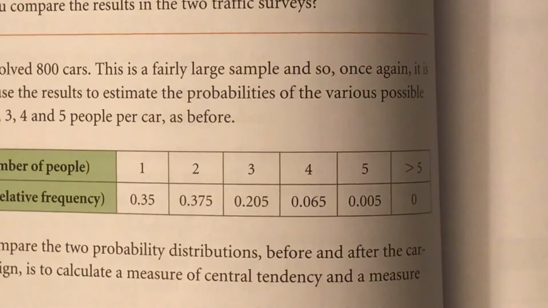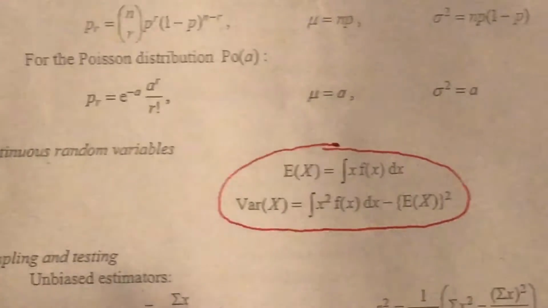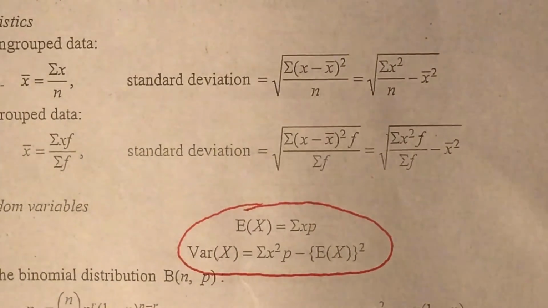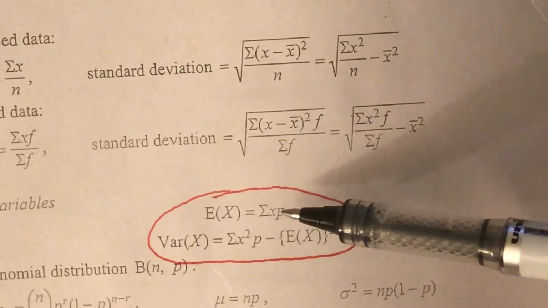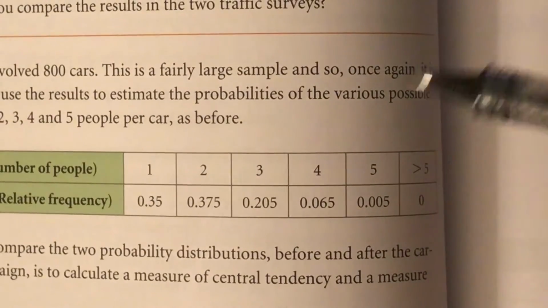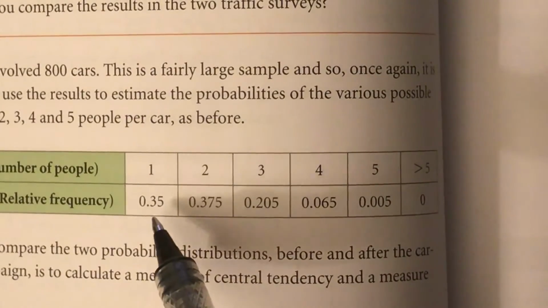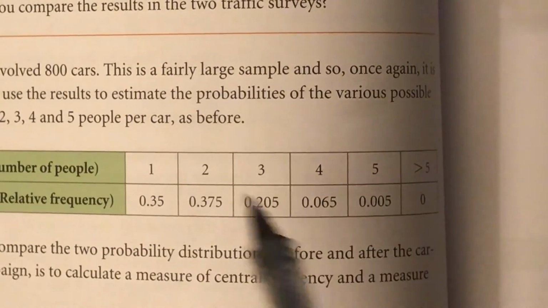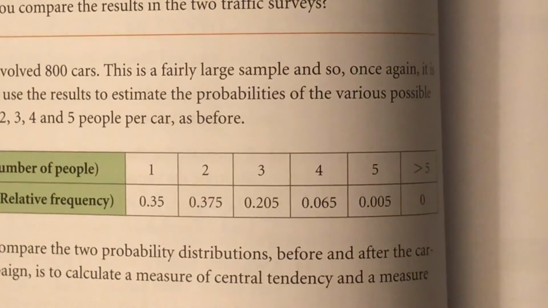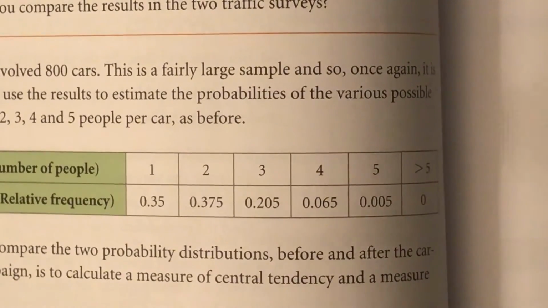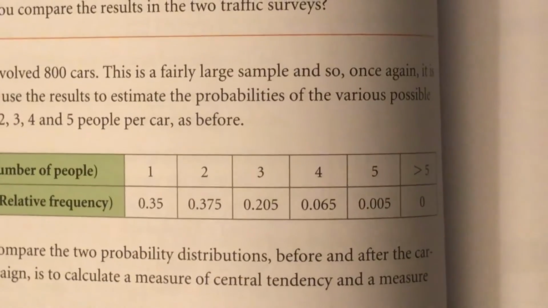So, following our formula here, where it says add up all of the x times p, all you have to do is multiply the probabilities times the x values for each of our 5 columns here, and then you just add everything up.